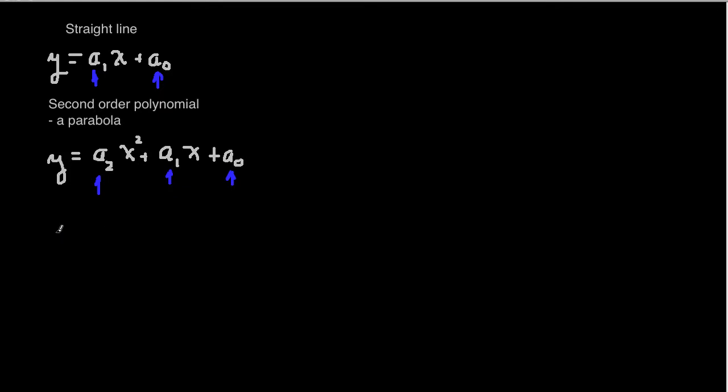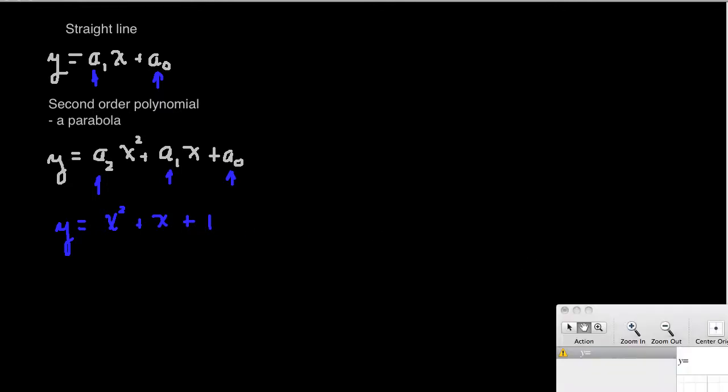Let's say we have y equal to x squared plus x plus 1. So in this case, all 3 coefficients, a2, a1, and a0, are equal to 1. So I can plot that on my grapher here.